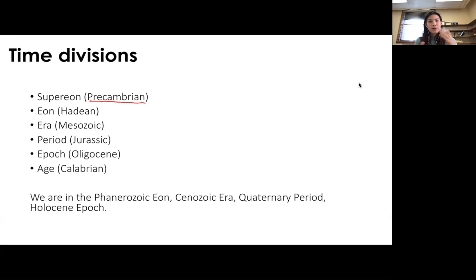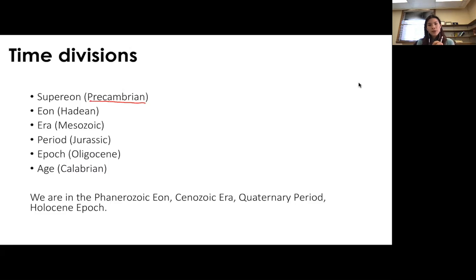Below super eons are eons, like the Hadean, eras like the Mesozoic, Cenozoic, and Paleozoic, periods like the Jurassic and the Cretaceous, and then epochs, which subdivide periods into things like the Oligocene and the Miocene. And then epochs are further subdivided into ages.